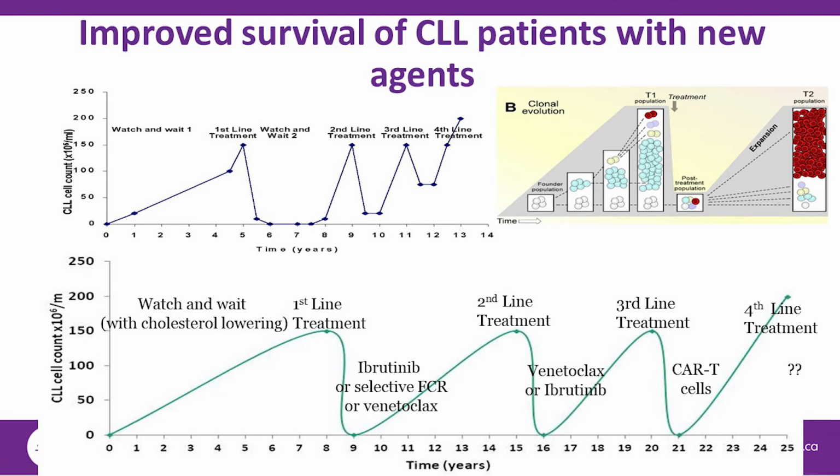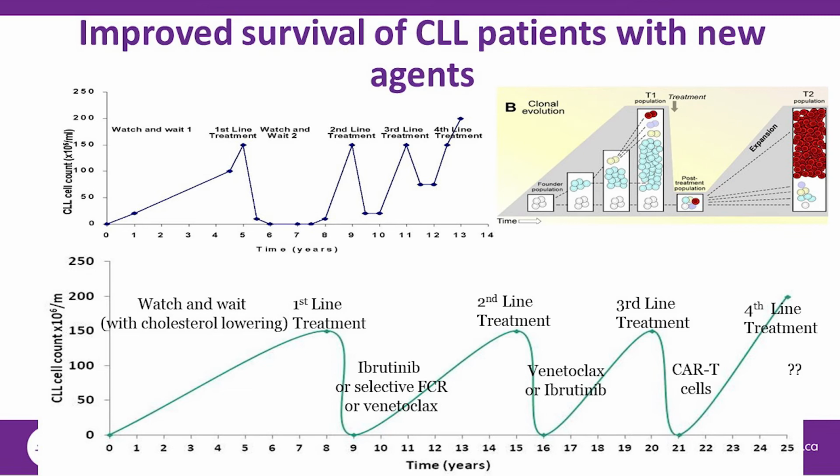Now, we have the ability to use our treatments in a selected manner. We have a completely new arm of treatment, the kinase inhibitors. And so the life cycle of a CLL patient, you'll still go through these periods of watch and wait and first-line treatment and relapse and second-line treatment and relapse. But the idea is that, again, potentially with cholesterol lowering, you can extend the watch and wait period by a few years. With the first-line treatment, you can extend disease-free survival by a few years.